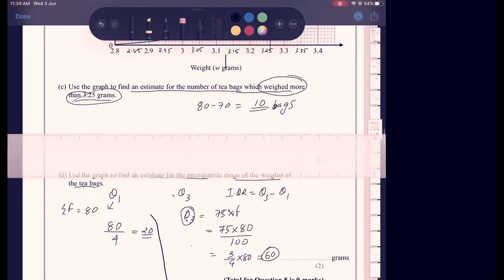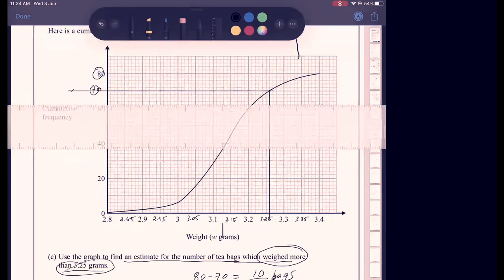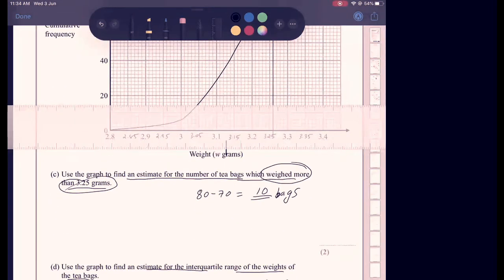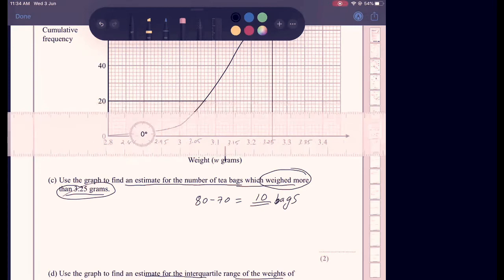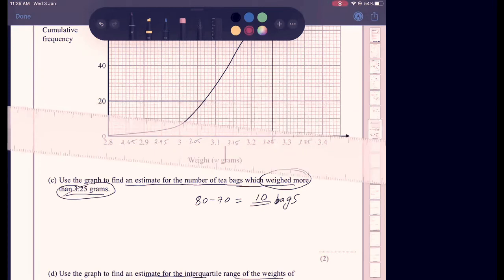For that, we have to draw a horizontal line through 20, and it intersects the curve at this point.